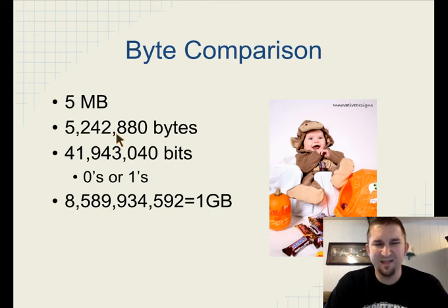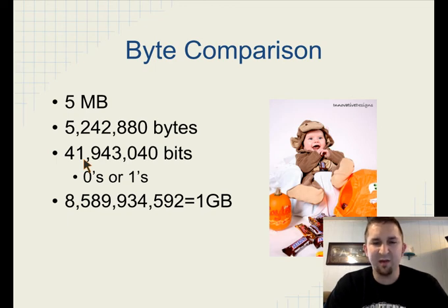Okay, take that times 8, and you're getting 41,943,040 bits. That means that's zeros and ones. Almost 42 million zeros and ones to make up that photo. Yeah, it's quite a bit.